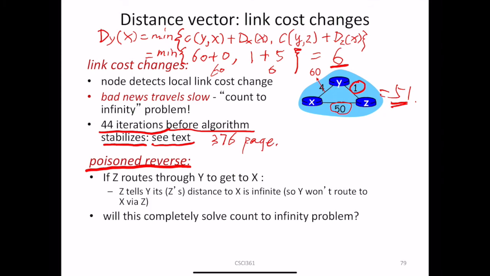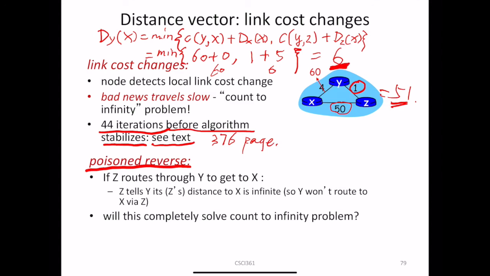Therefore, after they apply this poisoned reverse, they can avoid this bouncing for the wrong result, like the upper example shows us.